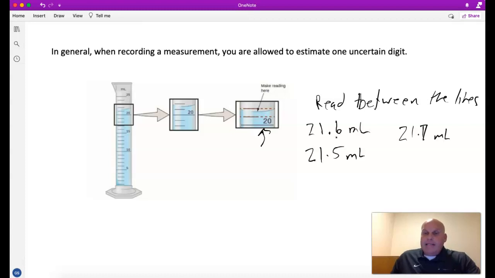We are allowed to estimate one digit further than the resolution on the device. Now, if somebody had recorded 21 milliliters, this would not be correct. They have not indicated the proper amount of significant figures based on the measuring device that they're using in this particular example.